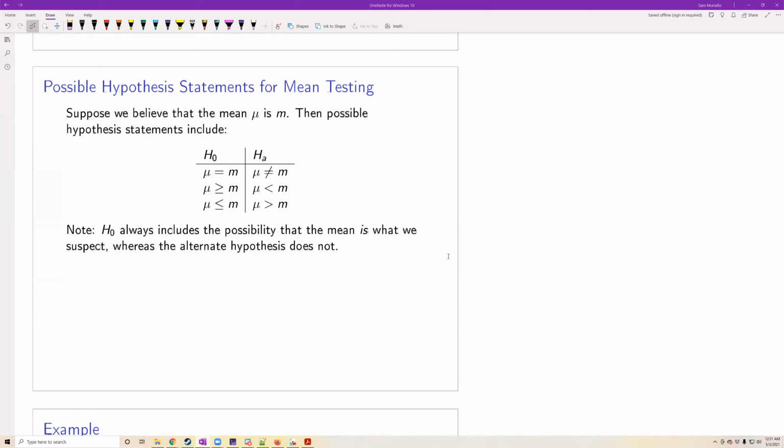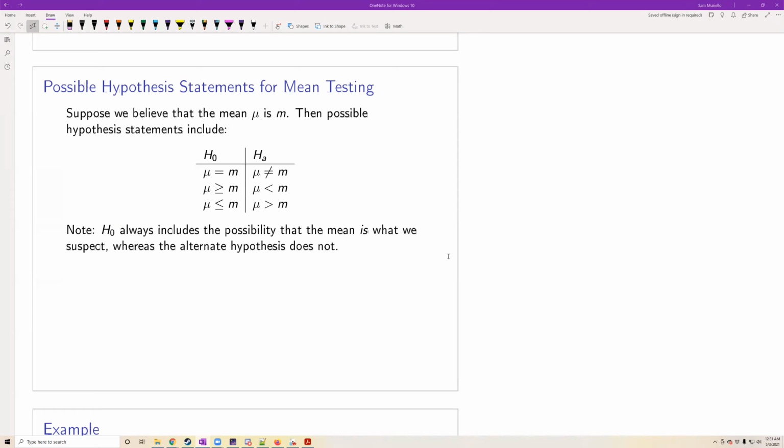Maybe m is 7, and that's the specific mean that we're trying to test against. You'll notice that in both of these, we've got two different expressions. On the left-hand side would be the null hypothesis, and it always includes equals inside the expression. So we could say the mean is equal to a number, greater than or equal to a number, or less than or equal to a number.